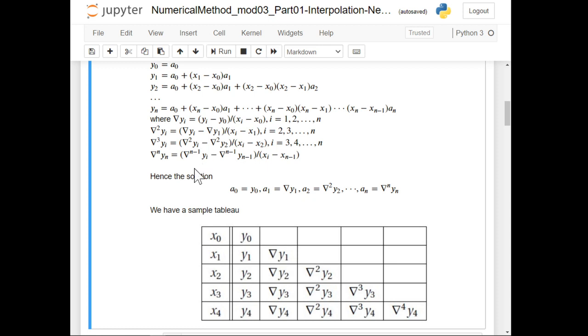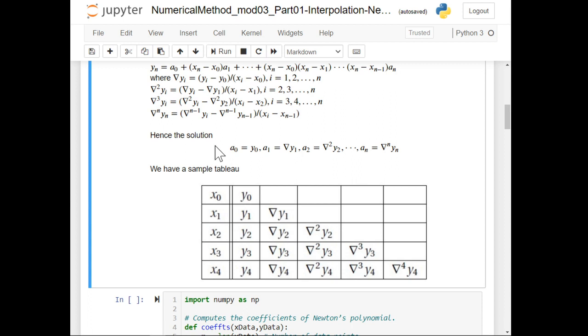Okay, so given this one, substituting in this general formula, you can arrive at a solution that a0 is simply y of 0, then a1 is equal to delta y1, for example this one, and then a2 is delta squared y2, which is expressed by this one, okay, and so on and so forth.